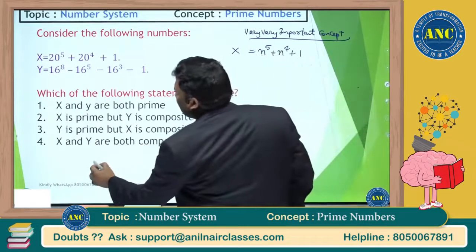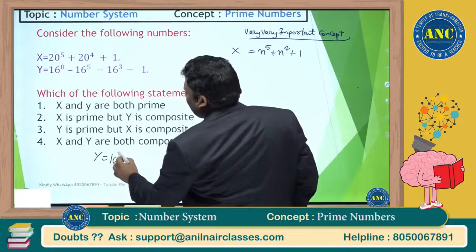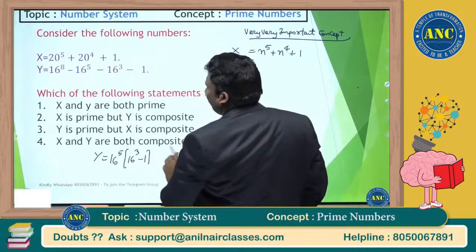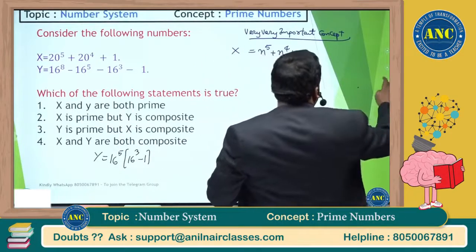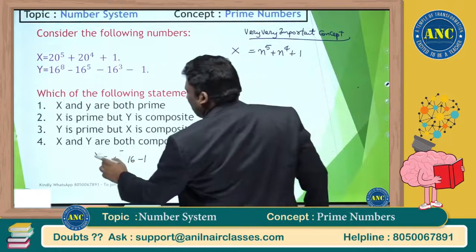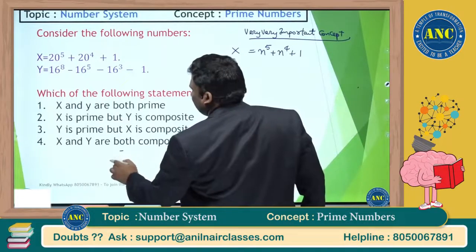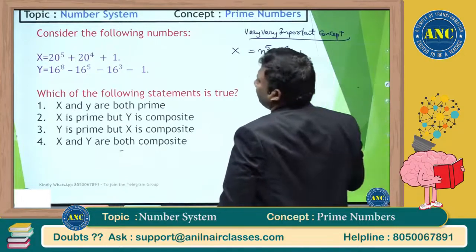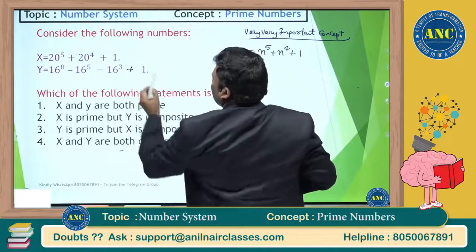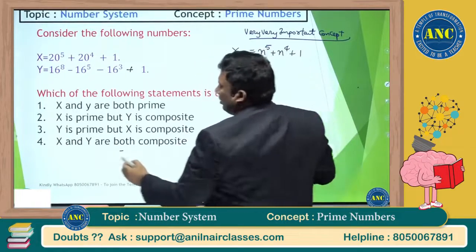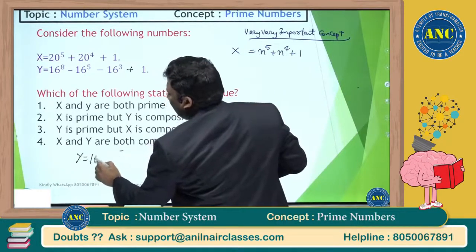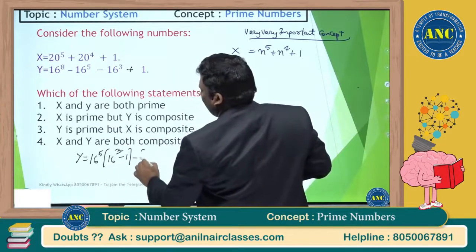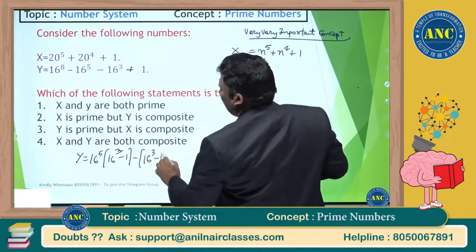Why is it easy, sir? If I take 16 power 5 common, 16 cube minus 1, or what we'll do is, these plus 1. So if I take y, 16 power 5 common, it is 16 cube minus 1 minus of 16 cube minus 1.